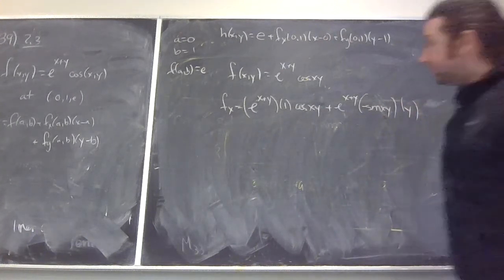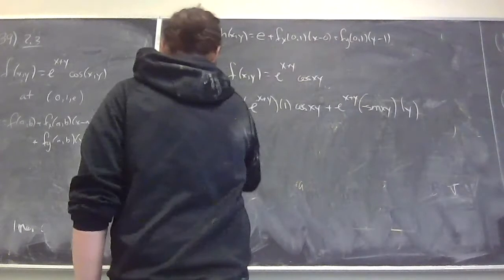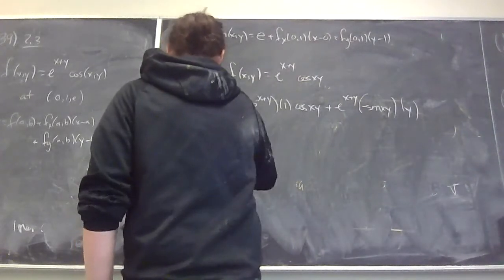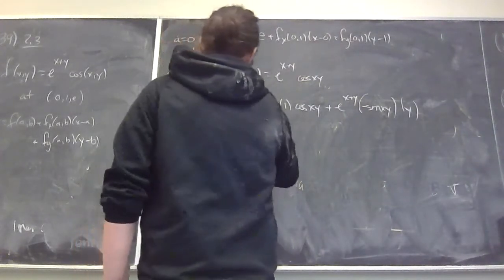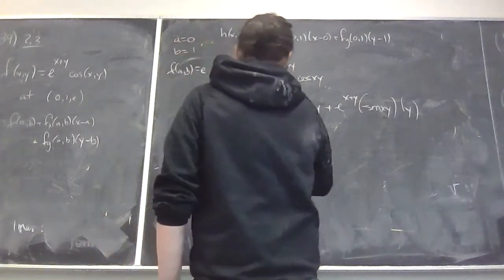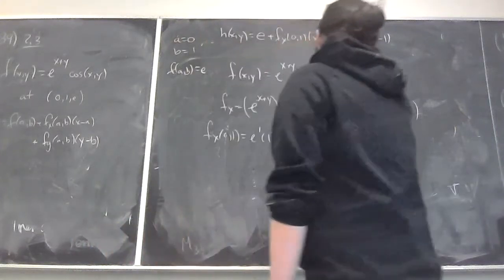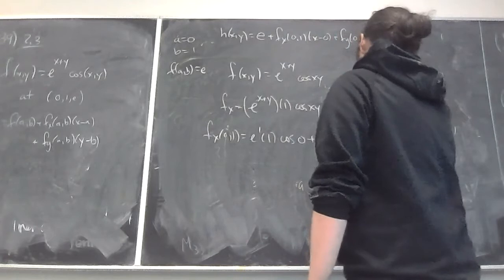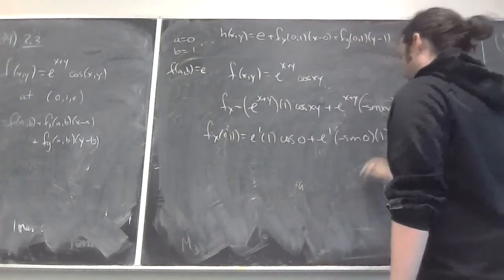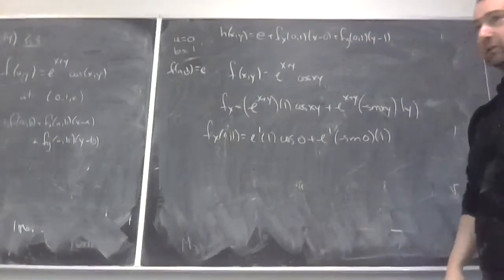If you evaluate that at (0, 1), you get e to the 1 times 1 times the cosine of 0, plus e to the 1 times minus the sine of 0 times 1, which is e.